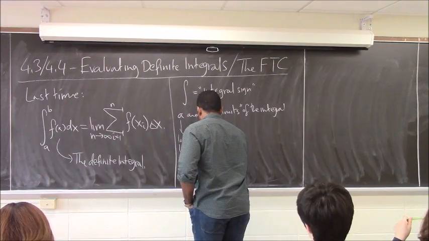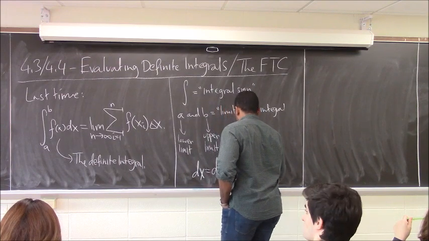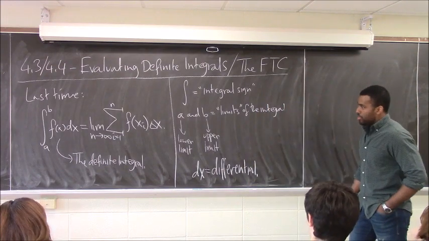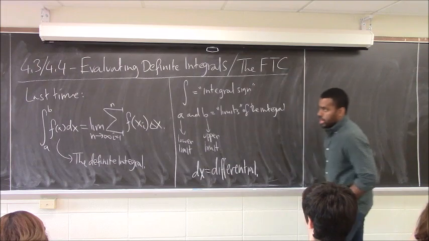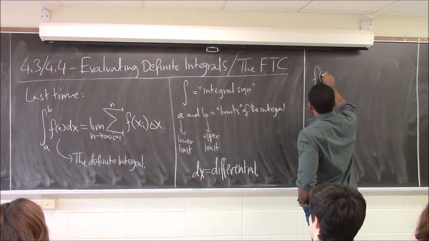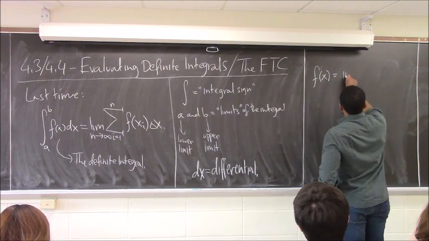The dx is called the differential. You've seen that guy before. They have meaning in and of themselves, but in this case you can just think of it as something indicating who the independent variable is. And lastly but not least, the f of x itself in this context is called the integrand.